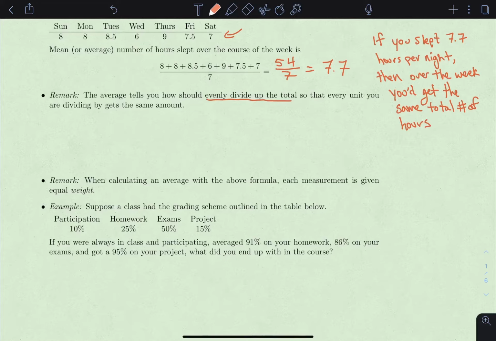And we can also give ourselves a little picture here. It's like if you had blocks of different sizes and you were adding them all up. The average is representing how big of a block you need so that all the blocks are the same size, but the total amount of area is the same.